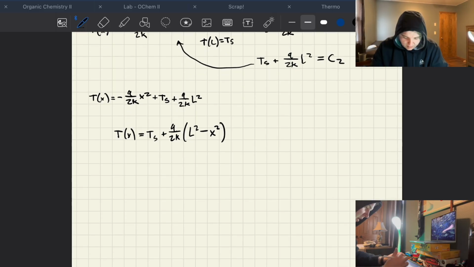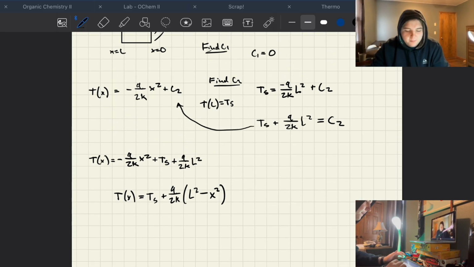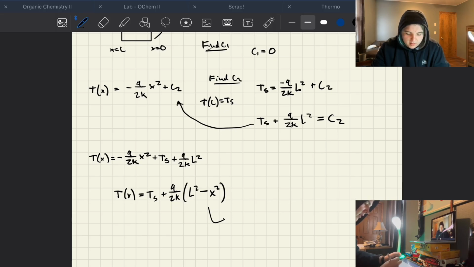Okay, cool. What we're going to have here now is, since we have an x squared, it's going to make a concave down shape. So I can show that up here.